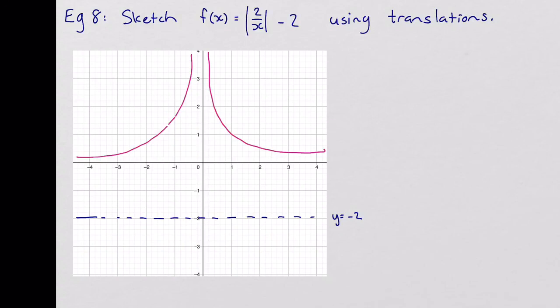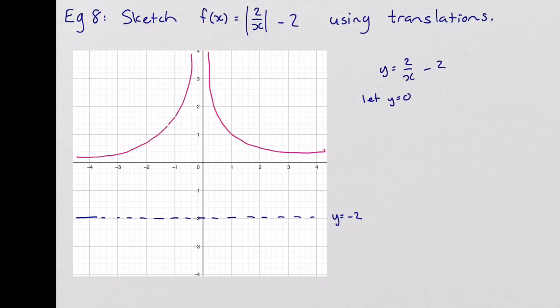Now, we don't have to use the absolute to work that out because we know that this first branch here is true for the absolute of 2 over x and 2 over x as well. That's what it would look like. So we really just need to work to find the x-intercept. We need to work with the equation y equals 2 over x minus 2. And in order to find the x-intercept, we're going to let y equal 0.